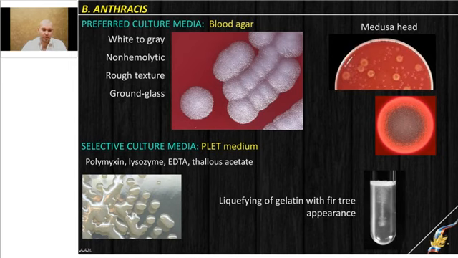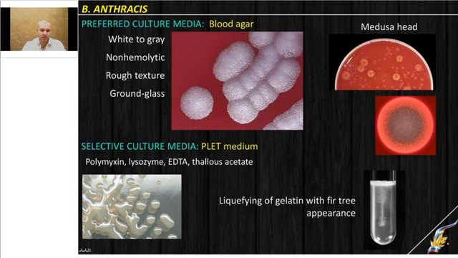We have a selective culture medium for Bacillus anthracis, which is known as PLET medium. It contains several agents to inhibit growth of other bacteria, and usually only Bacillus is able to survive on that culture medium.